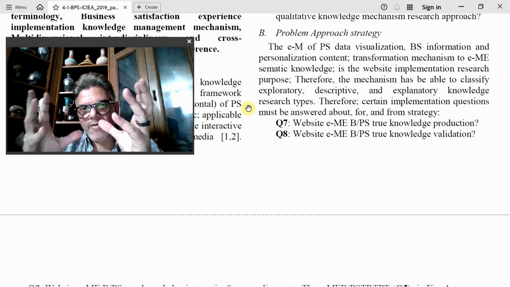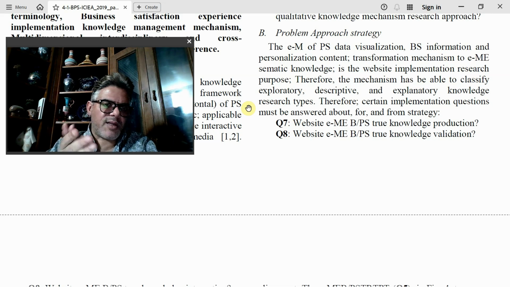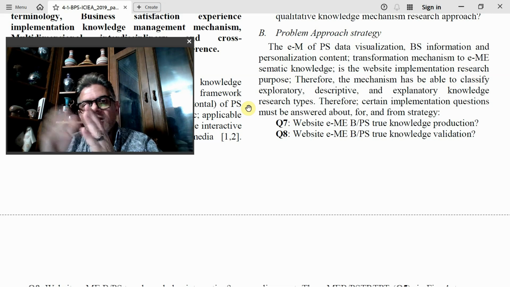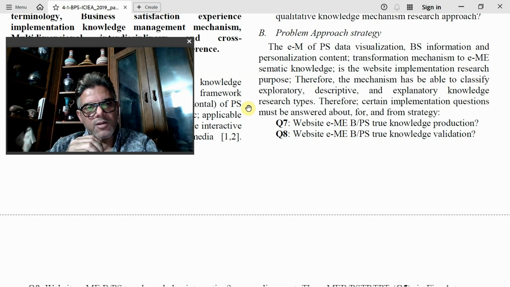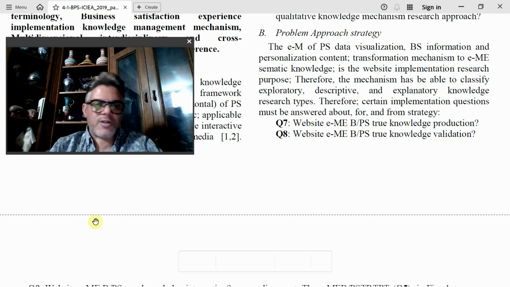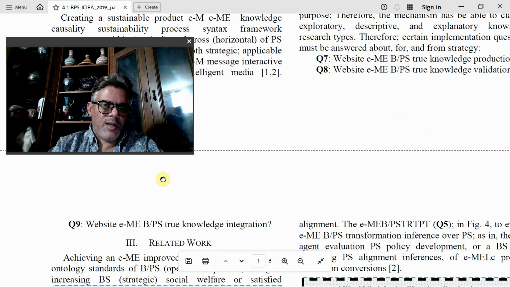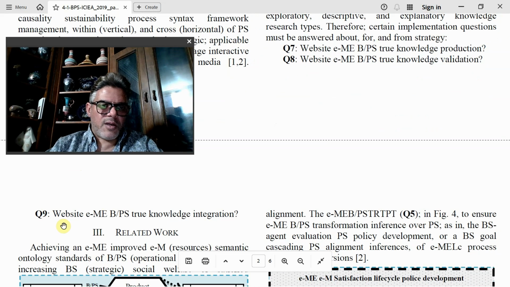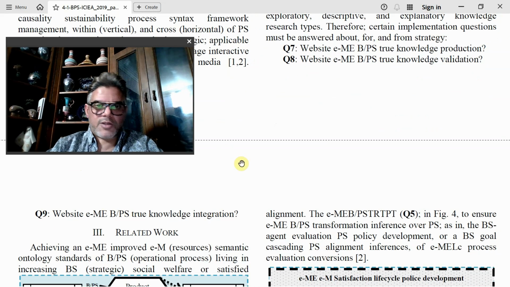So really you can have a segment that is a little bit near the one you have found satisfaction with in the first place. So certain implementation: website true knowledge production, website true knowledge validation, and of course, true knowledge integration.